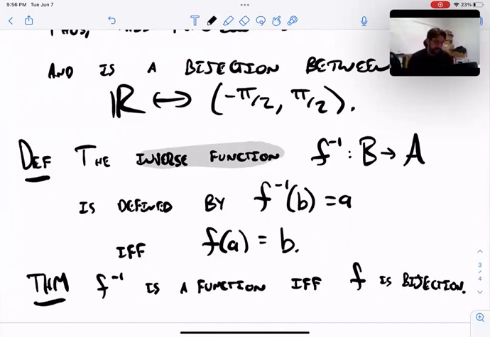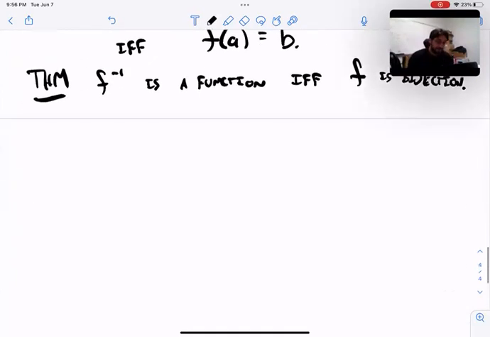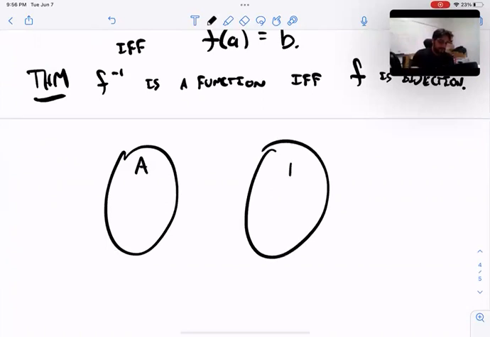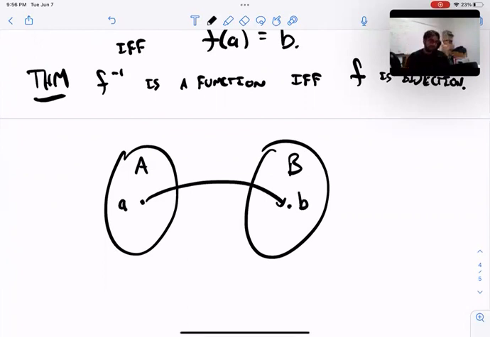So what's the picture here? The picture here is that you need each element of A to get mapped to just one element of B by f. So that way you could create f inverse by starting at b and just bringing it back to wherever it came from in A. That's how you can build an inverse function.